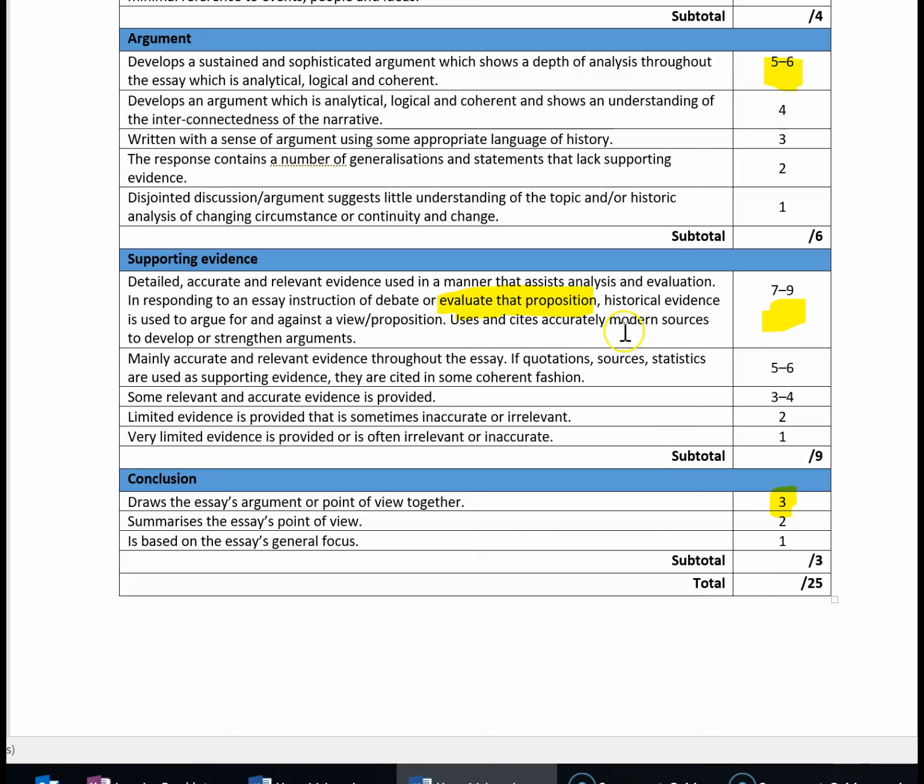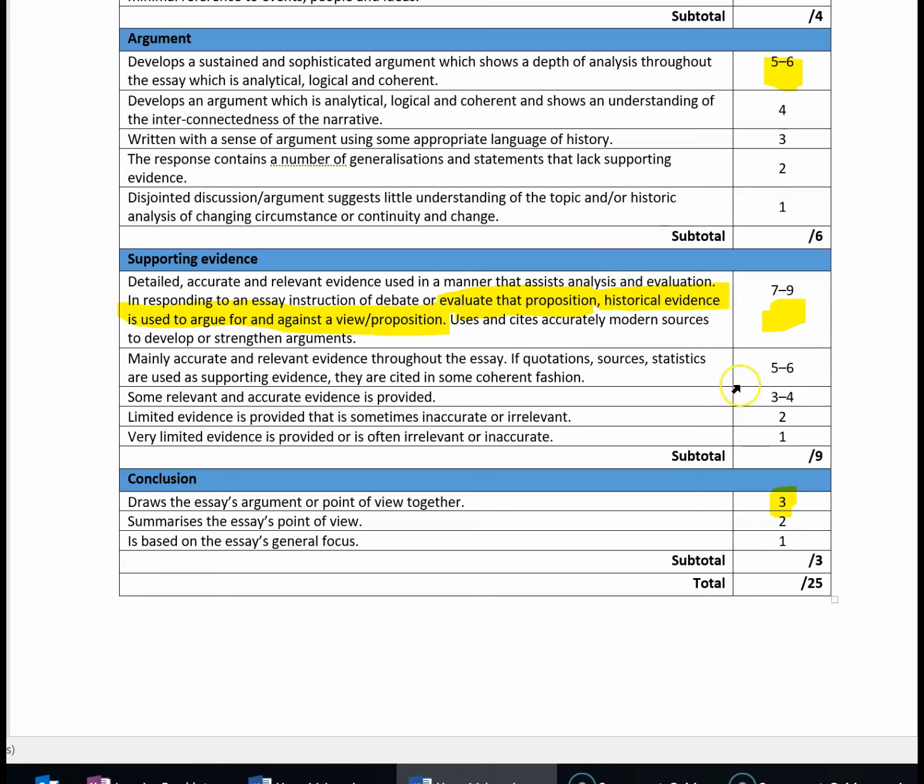You've got to use the historical evidence to argue for and against this view. The evidence must strengthen and support. If you do that, you can get 7 to 9, okay?